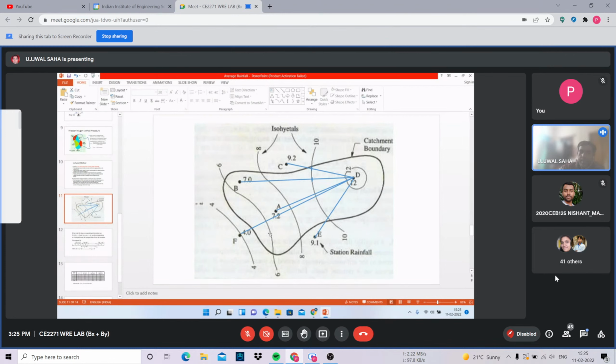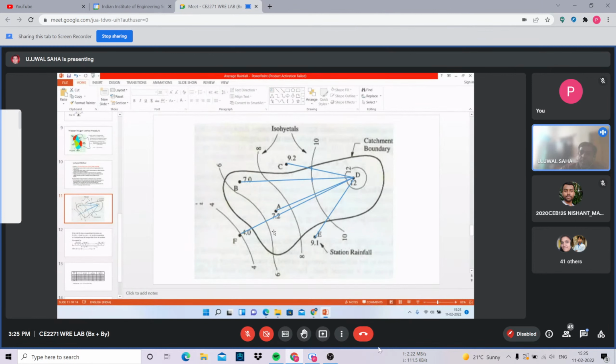And if this line has rainfall of 6, then in between, the rainfall will be between 6 and 8.